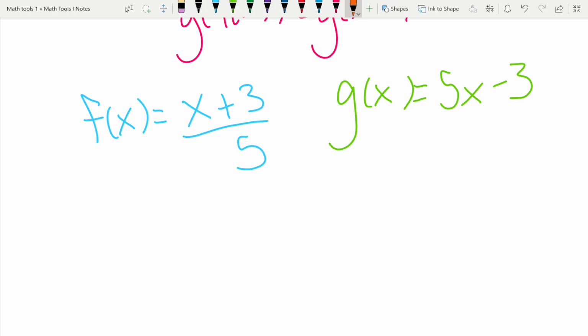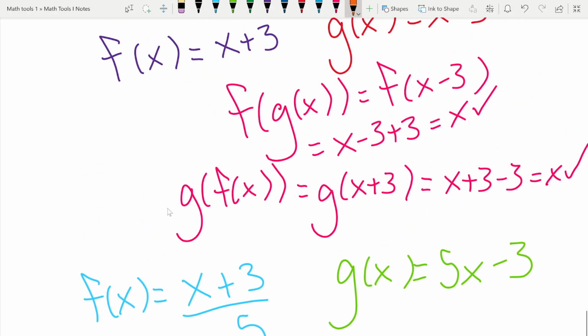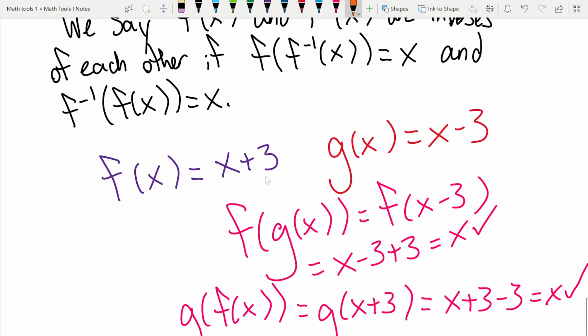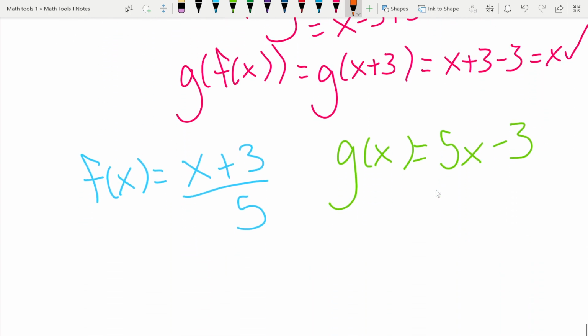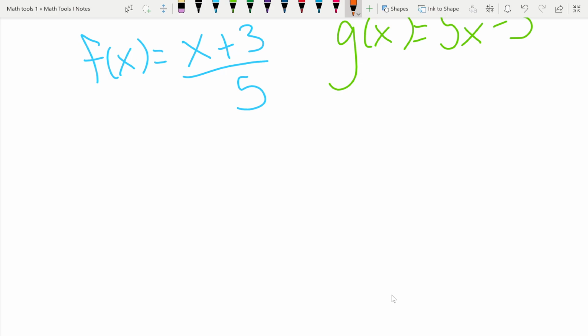So it seems plausible that these would be inverses of each other, right? If you notice up here on this one, you can kind of tell they're inverses of each other because this one's adding 3, this one's subtracting 3. So if they're doing opposite things, we expect them to be inverses. Here, same idea, right? We are adding 3 and we're dividing by 5. Here we're multiplying by 5 and we're subtracting 3. So maybe again we would expect them to be inverses.